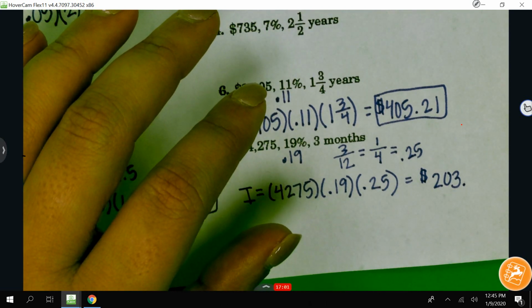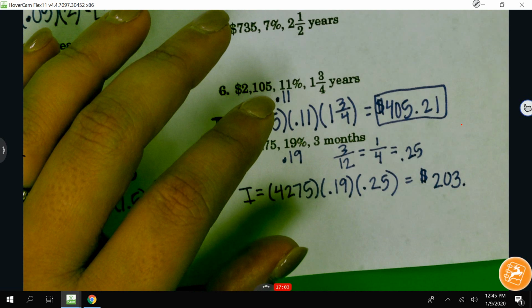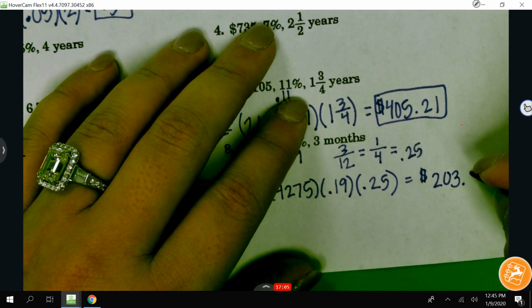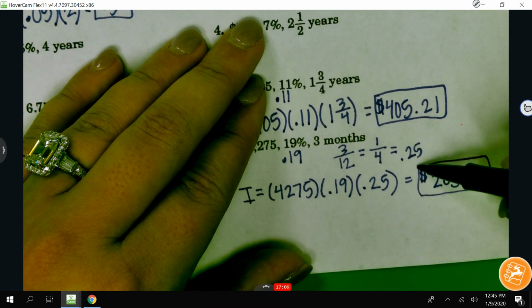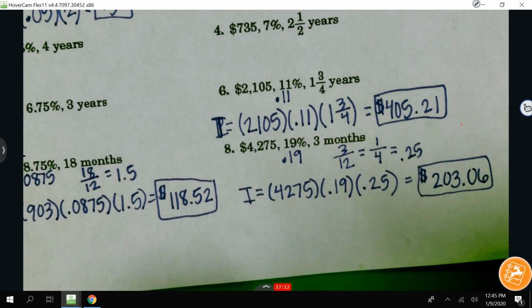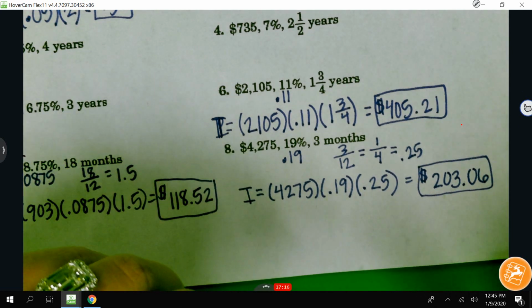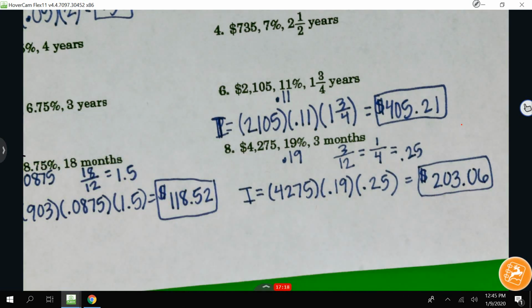So does the 2 tell the 6 to do anything? No, so it's 06. Any questions? As long as you can remember to change that percent to a decimal and convert your months to years, you should be fine.